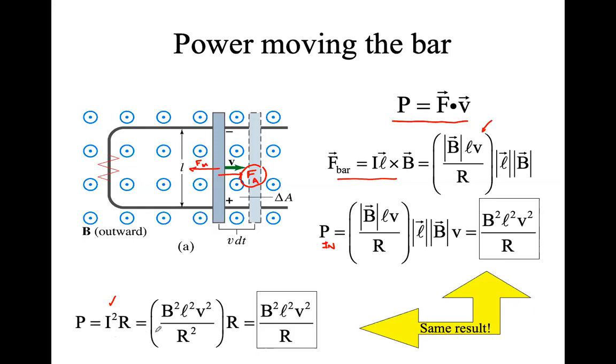Okay, so again, we'll take that same current that we finished up the last page with and found: magnetic field squared, length squared, velocity squared over R squared is the value of current squared. And then I multiplied by the resistance, and that's the power I get out. You should see one of those R's cancel. And the electrical power that you get out, in this case, is exactly equal to the power that you put in. And so that's kind of reassuring.